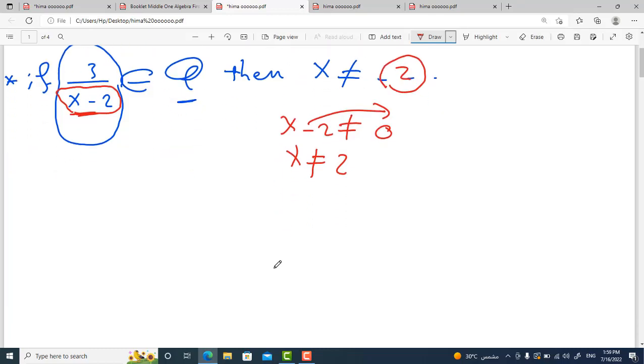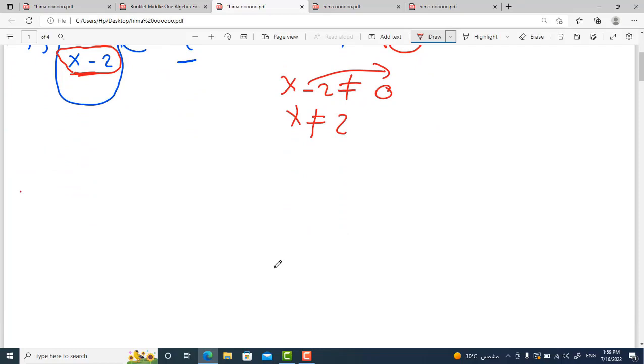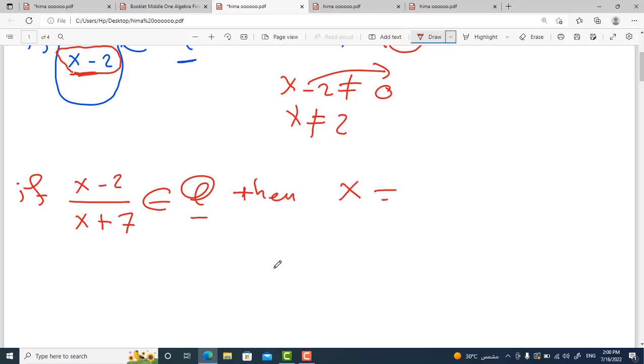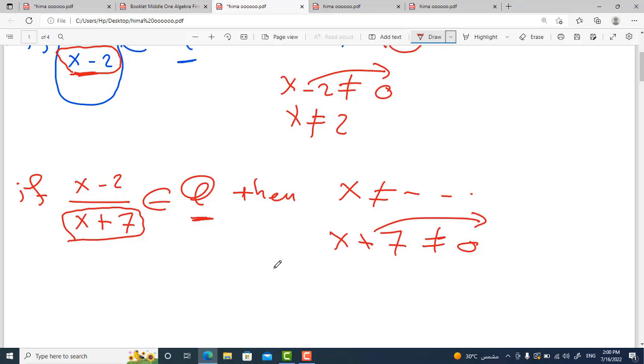Another example: if x minus 2 over x plus 7 belongs to Q, then x doesn't equal what? This is a rational number, this is Q, so look at the denominator: x plus 7 doesn't equal 0. As an equation, go to the other side: x doesn't equal negative 7.